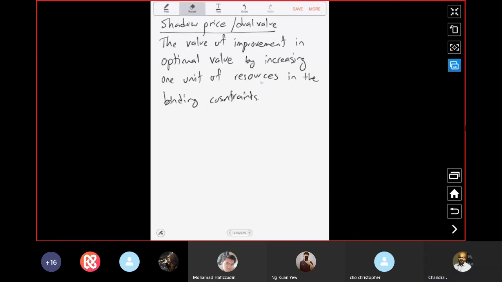Okay, so this would be the definition for shadow price or dual value.